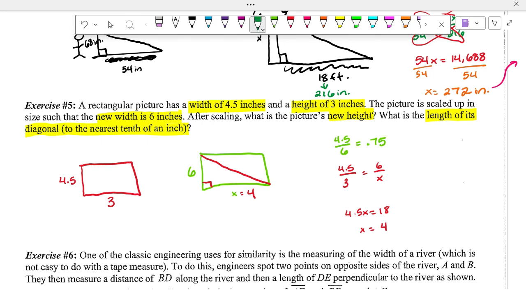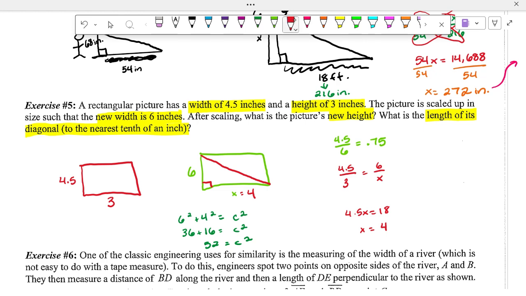Pythagorean theorem. So I can do 6 squared plus 4 squared is equal to what? Well, let's say just c squared. 36 plus 16 is 52, which is equal to c squared.